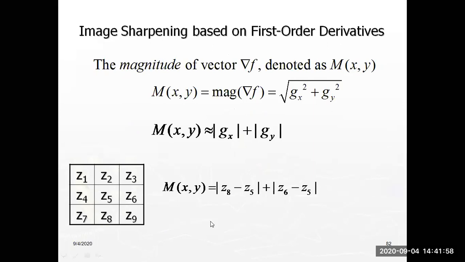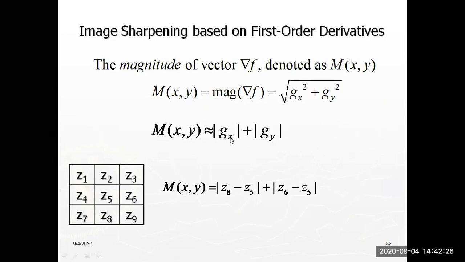Suppose this is my mask or filter: Z1, Z2, Z3, Z4, Z5, Z6, Z7, Z8, Z9. This is a 3 by 3 mask having 9 filter coefficients. In this case, what is my magnitude and what is my gradient? My gradient M of x comma y is given by modulus of gx plus modulus of gy.